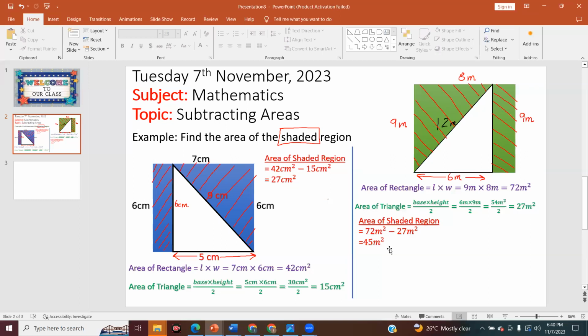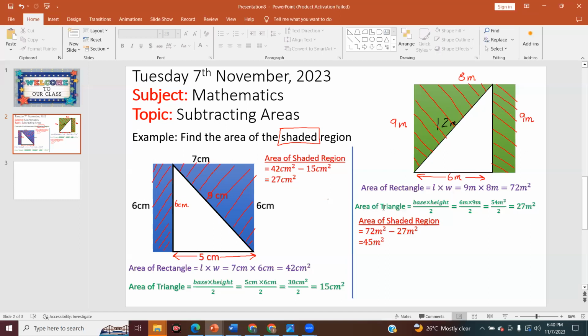But explain specifically how we got 72 and how we got 27. First you find the area of the rectangle, and the formula is length times width. The length is 9 meters and the width is 8 meters. When you multiply those two, it's 72 meters squared.